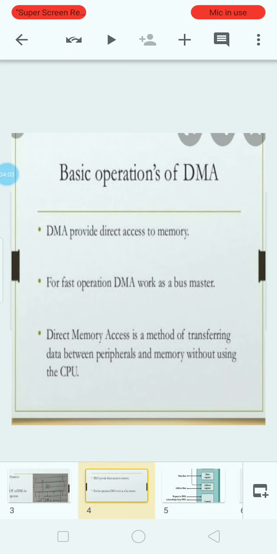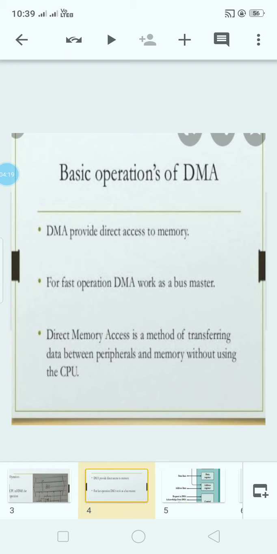When the processor wishes to read or send a block of data, it issues a command to the DMA module by sending some information to the DMA module.